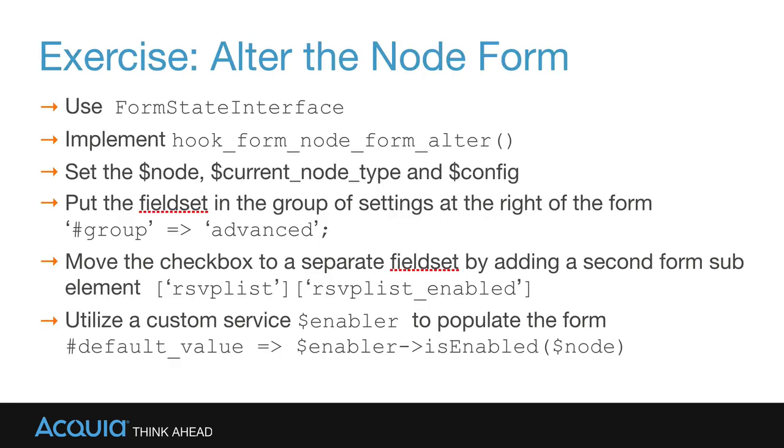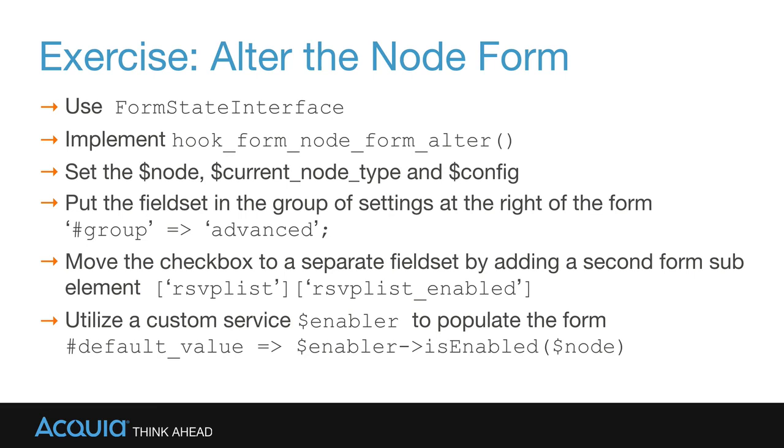We're going to use FormStateInterface to alter the node form, implement hook_form_node_form_alter, set the $node, $current_node_type, and $config variables, put the fieldset in a group of settings at the right of the form, move the checkbox to a separate fieldset by adding a second form sub-element, and then utilize a custom service, the enabler, to populate the form. It sounds like a lot. It's not that much work, so let's dive in.